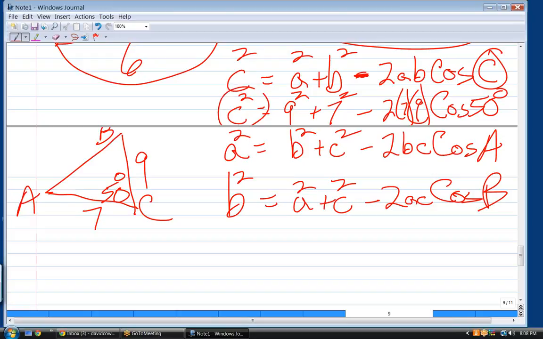So when you're solving a side angle side problem, you do need to pick one of the 3 formulas to use. It's slightly different than when you have side, side, side. When you have side, side, side, you can choose to start with any of the 3. But when you have side, angle, side, always start with the one where you're going to be able to figure out the cosine of that angle.